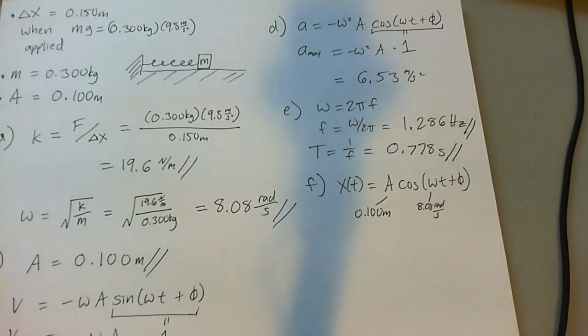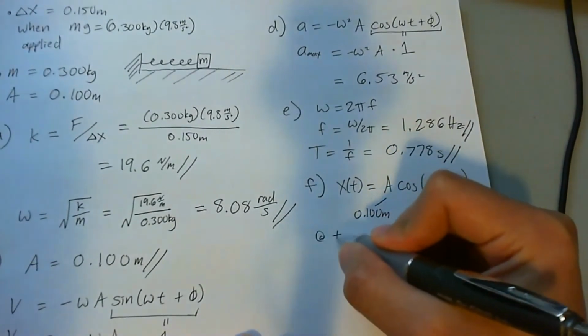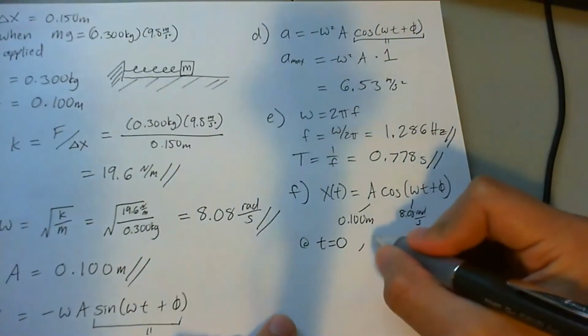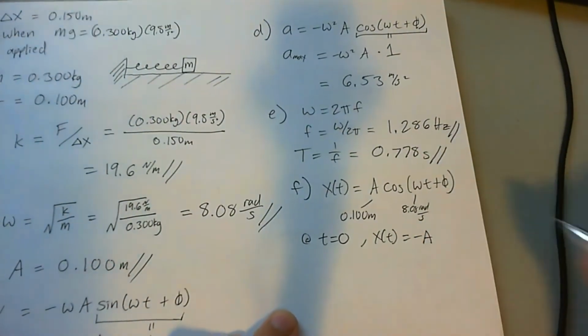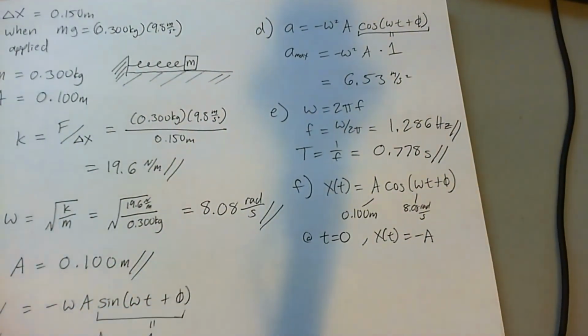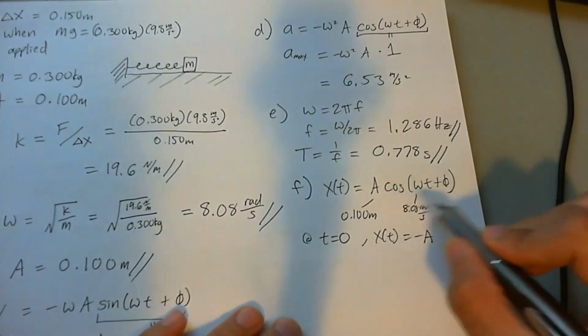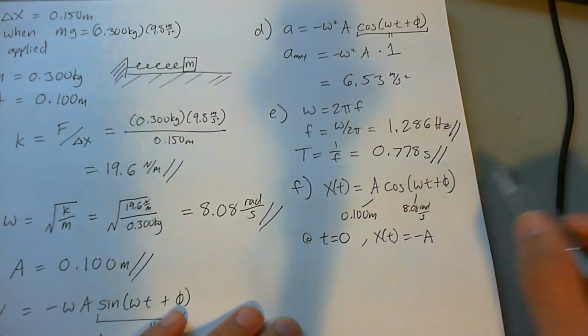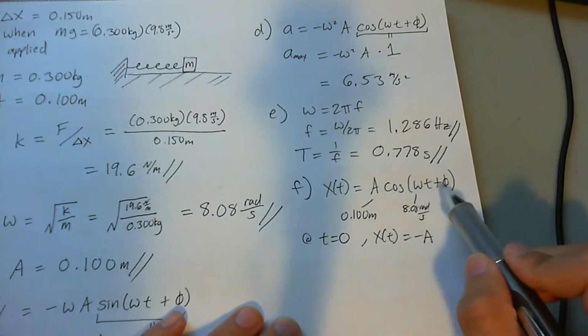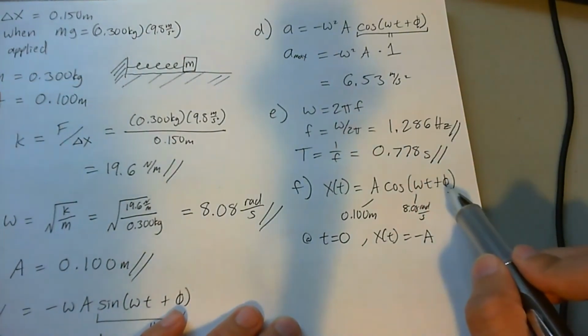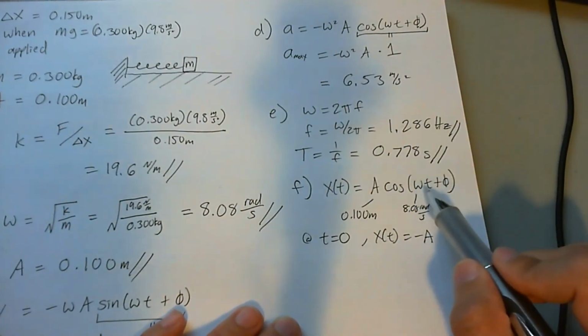Well, here's what we know. We know that at time equals 0, x of t is equal to negative A. I say negative because it's compressed 0.1 meters from equilibrium. So compression generally indicates a negative. Okay, well, you know that this cosine has to oscillate between negative 1 and 1. So at time equals 0, this cosine is only of argument phi because time is 0, so this whole term goes away.